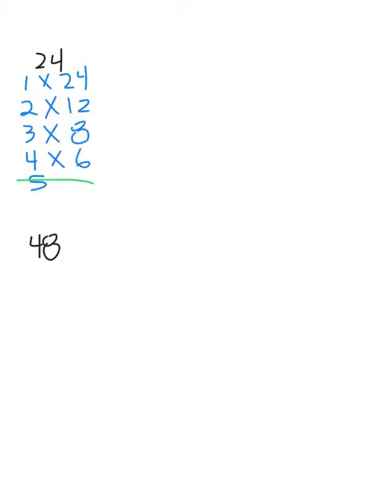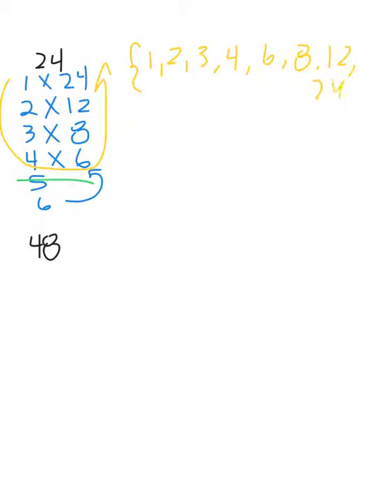And the next number that we would write is 6, but because it's already written there, we're done. We don't need to check anymore. So we just have 1, 2, 3, 4, 6, 8, 12, and 24.